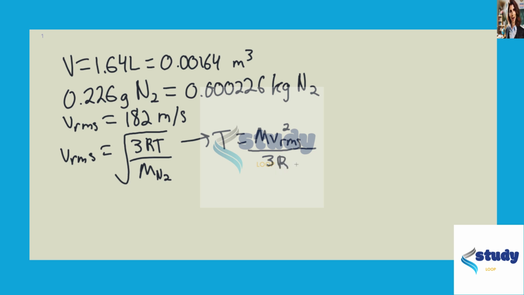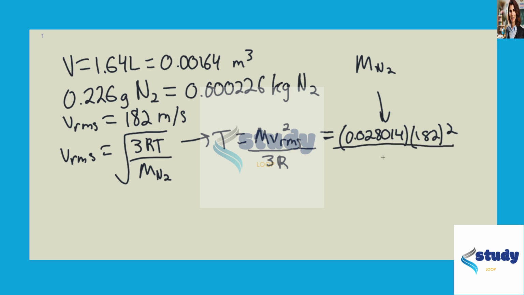So finding this, we can actually just plug in. So this would be the molar mass of nitrogen, 0.02814, times 182 squared, and then this is going to be divided by 3 times 8.314.